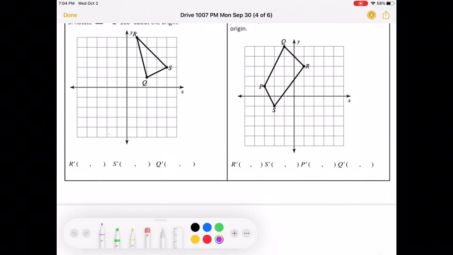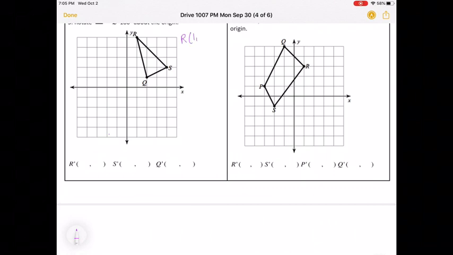So number 3 says rotate triangle RSQ 180 degrees about the origin. So 180 is going to be 2 quadrants, all right? So I'm dealing with those same points. Those have not changed. But 180 degrees tells us that we're not flipping X and Y, but we are making X and Y both their opposite. So I'll do an example with R. So R was 1, 5.